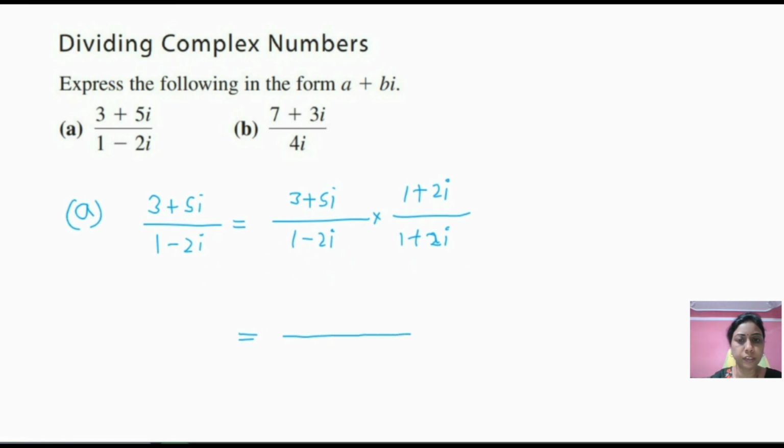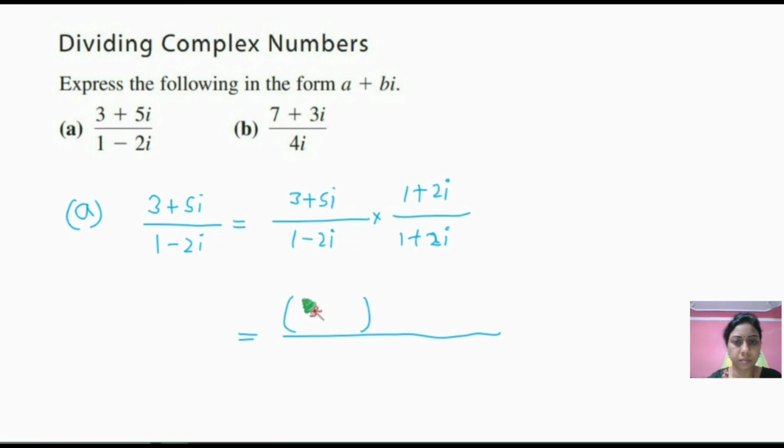Now multiply the numerator and denominator. We know how to multiply two complex numbers from my last video. We can imagine this is a plus bi and c plus di.